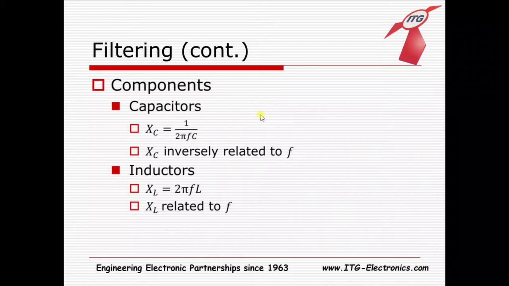So the lower the frequency, the higher the impedance of the capacitor. And then in opposite fashion, the inductor increases proportionally to frequency. So you can see XL, the impedance of the inductor, equals 2 pi F, which is frequency, L, which is the value of the inductor in henries.